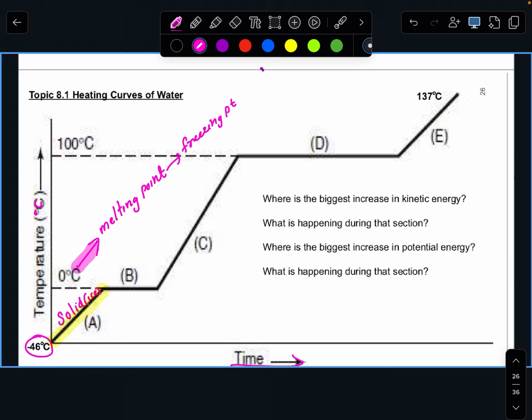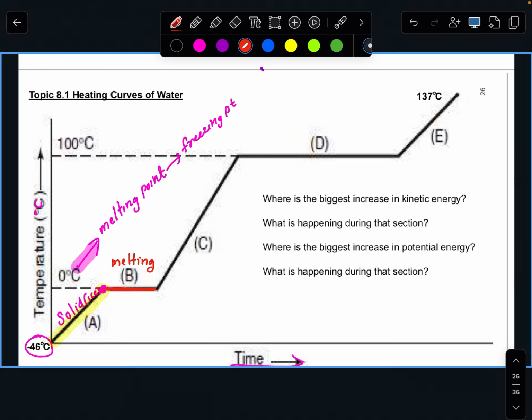So when you heat, temperature increases. When it reaches 0 degrees Celsius, you can see the line is a horizontal line. It is not increasing the temperature. The reason for that is that whatever heat you are providing is used for doing what? Melting the ice.